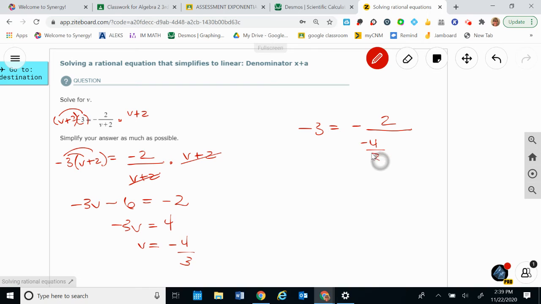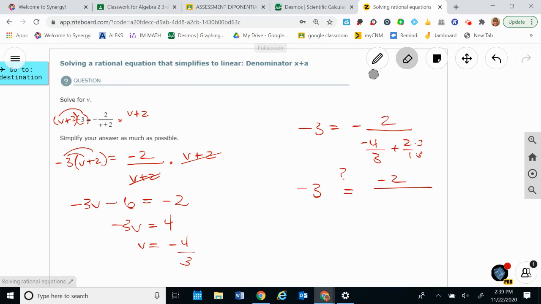Now you could possibly plug it in to check it. Well, 2 over 1, if I want to get it to 3, would be 6 thirds. So that would be equal to negative 3. Is it equal to negative 2 over negative 4 thirds? Wait, no, 2 thirds, sorry.